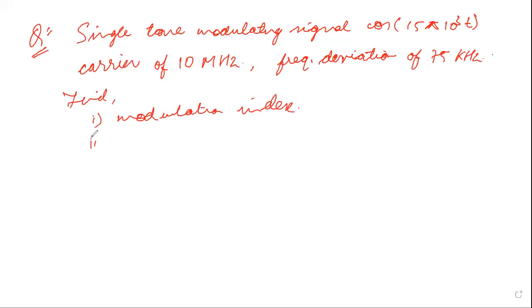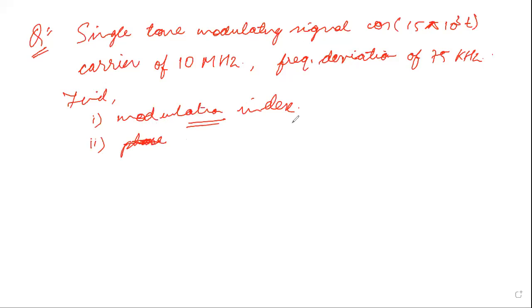Second, we have to find out the phase deviation. Actually, we have not seen this, so I think it will be done later. So firstly, tell me the modulation index.